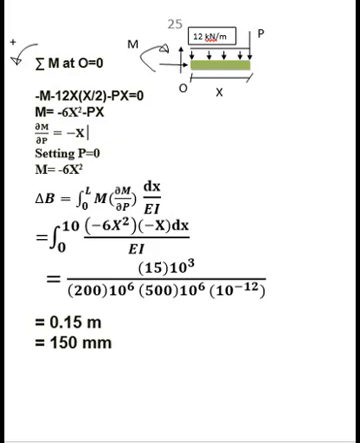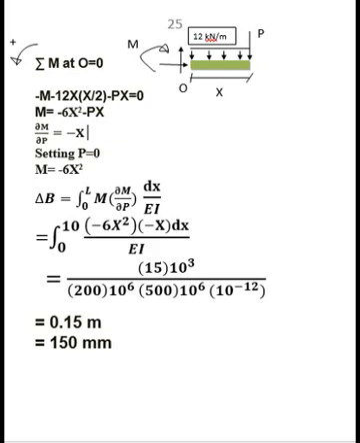The partial derivative of M with respect to P is equal to minus x. Setting P equal to 0, because this was imposed by this method, which in fact does not exist.